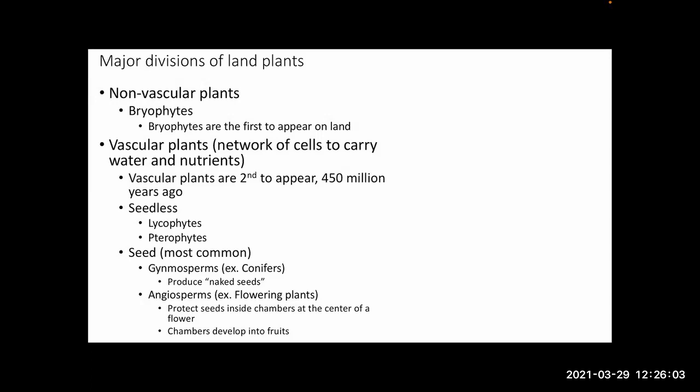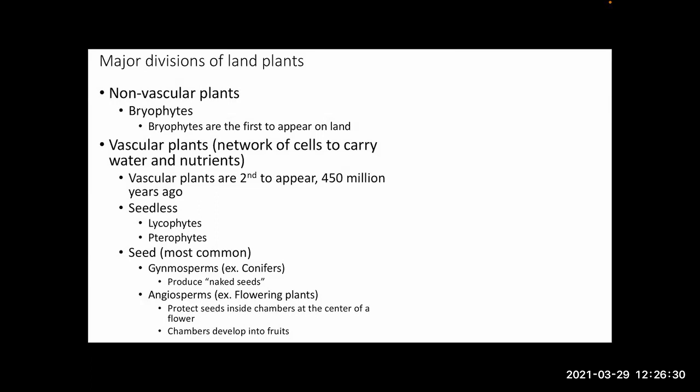And the vascular plants were the second grouping of plants to appear, and these plants appeared about 450 million years ago. And these plants were also seedless, just like the bryophytes. And examples of these seedless vascular plants are lycophytes and pteridophytes.